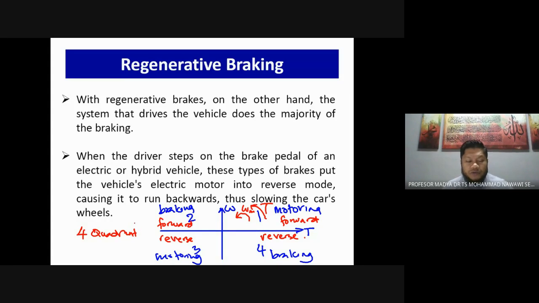Right? So your motor can sometimes work in the first quadrant, or probably in 2 quadrants. Normally it works in 2 quadrants, but some motors can be designed so that they work in 4 quadrants.